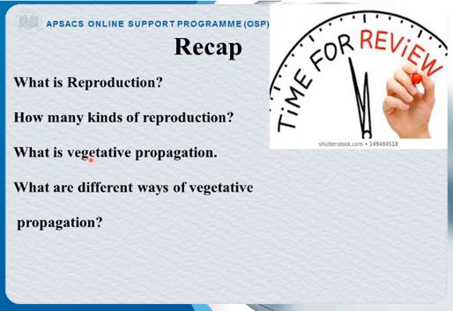What is vegetative propagation? Asexual reproduction in plants is also known as vegetative propagation. What are the different ways of vegetative propagation? Runners, tubers, bulbs, and cutting also.